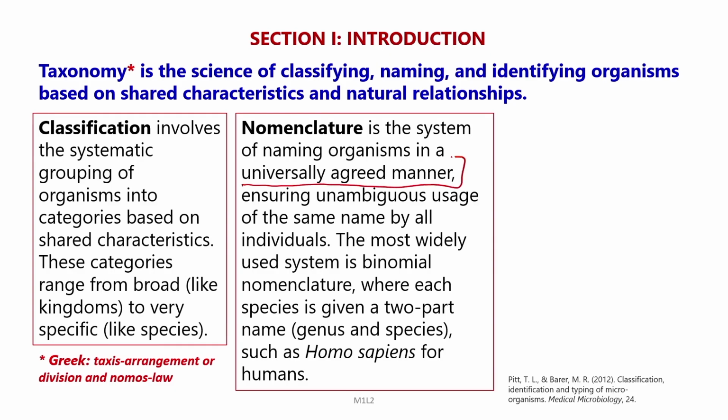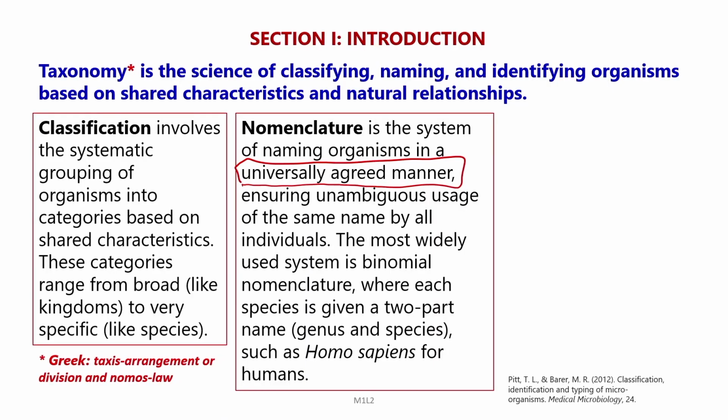Otherwise there will be confusion if we give multiple names, and this universal agreement ensures unambiguous usage of the same name by all individuals. The most widely used system is binomial nomenclature, which we will discuss in brief, where each species is given a 2-part name, the genus and the species, such as Homo sapiens for humans.